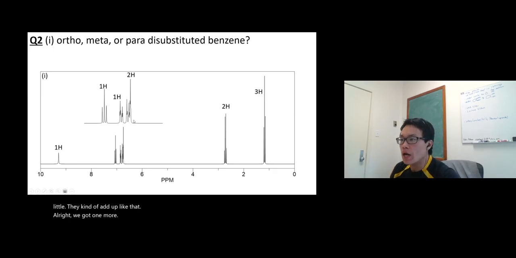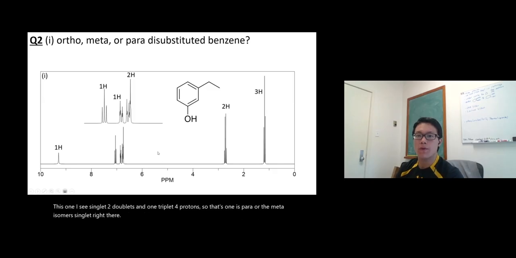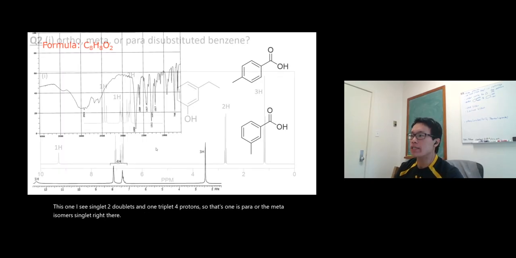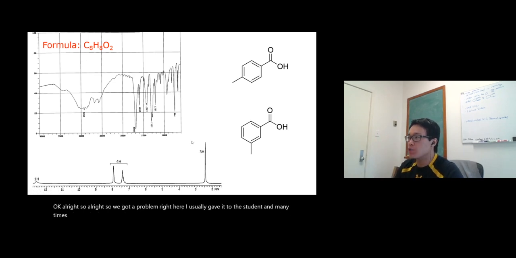This one, I see a singlet, 2 doublets, and 1 triplet, 4 protons. So that one is either para or the meta isomer. It's a singlet right there. Okay. All right. So we've got a problem right here. I usually give it to the students, and many times students are debating between these two.